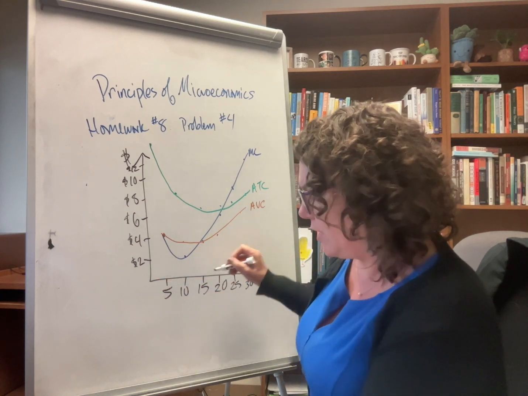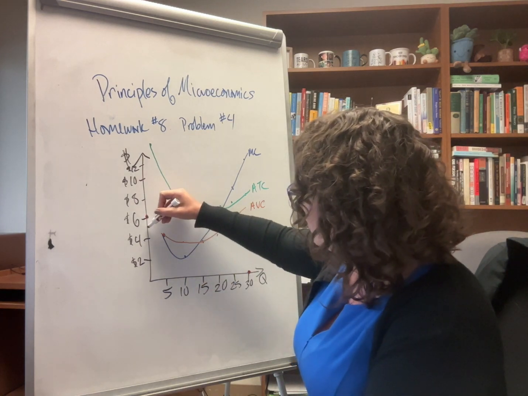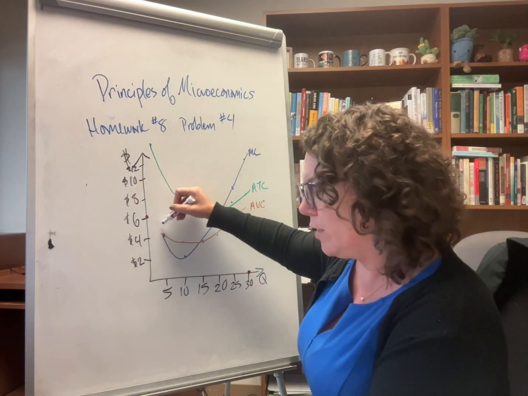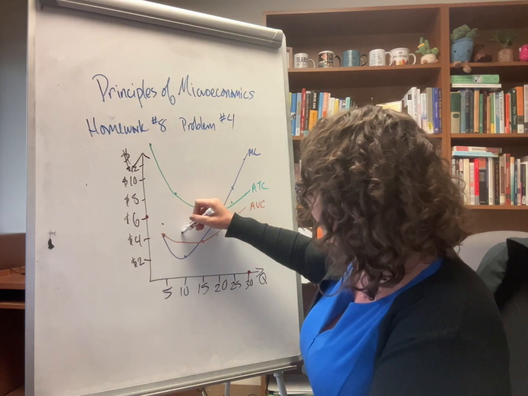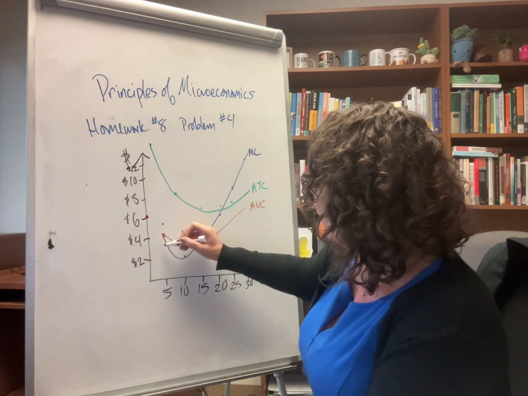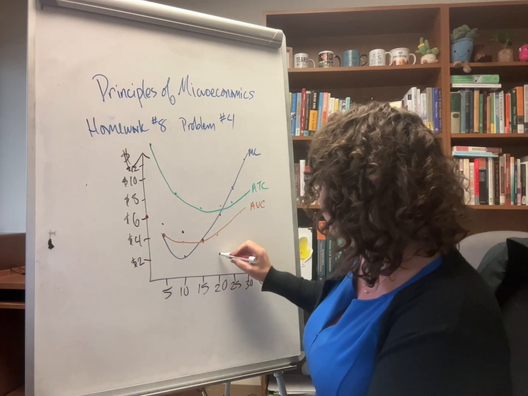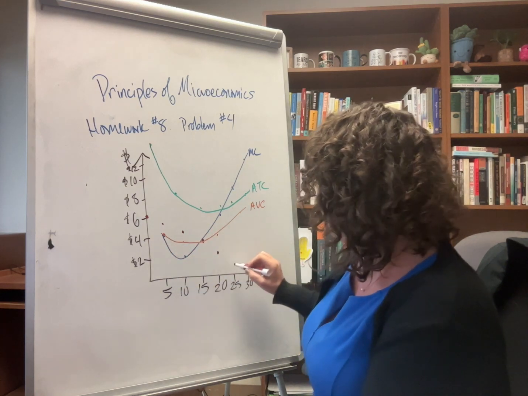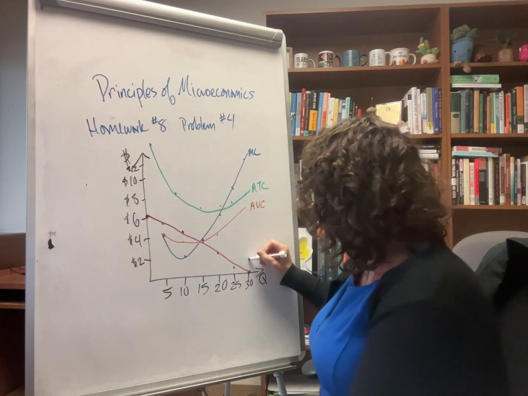And at a price of $6, the market's going to demand 0. At a price of $5, the market will demand 5, 4, 10, 3, 15, 2, 20, 1, 25, and that'll give us our demand curve.